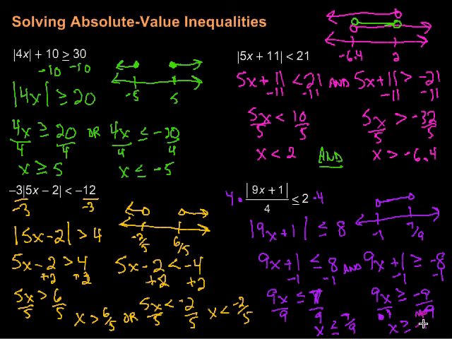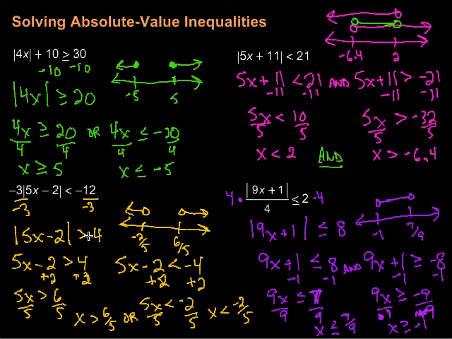Alright. Solving absolute value inequalities, I'm going to use a lot of the equation and inequality solving skills that we've had. Don't forget that if we divide by a negative on both sides, we have to flip that inequality. Also, make sure you get the absolute value stuff by itself first.